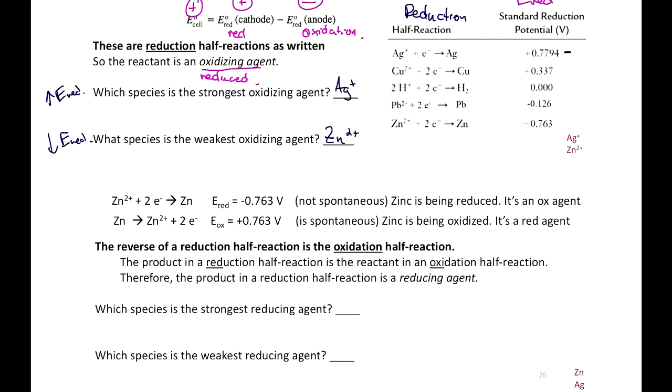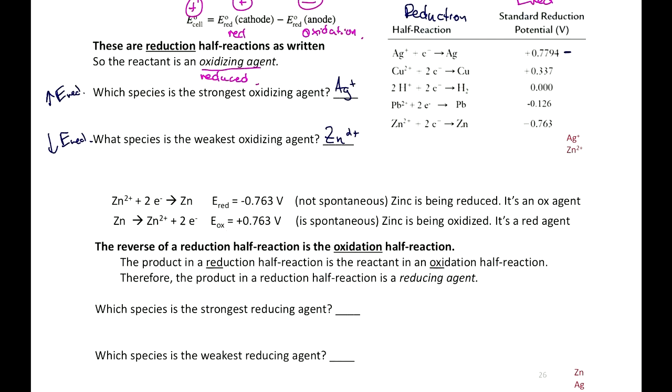Okay. So I mentioned here, this reaction, zinc 2+ to zinc 0, is not spontaneous. Zinc does not want to be reduced. It's a negative value. But if we flip that reaction, if zinc solid becomes zinc 2+, now the oxidation half reaction has a positive voltage. This is spontaneous.